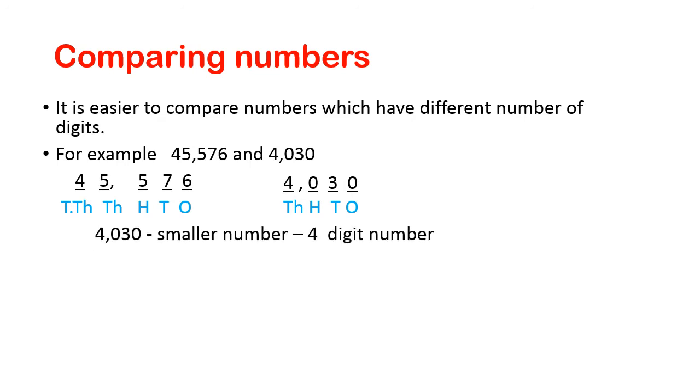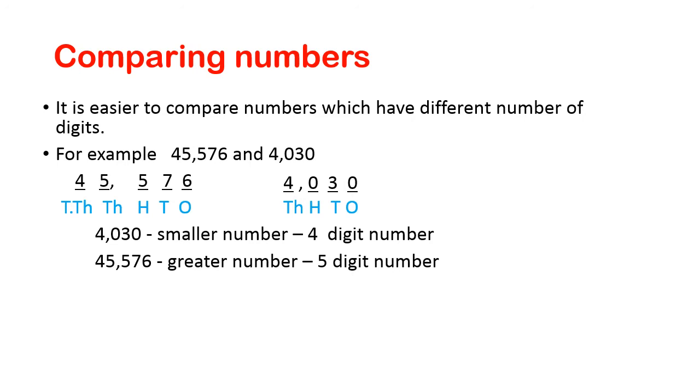So 4030 is the smaller number because it has 4 digits. The same way, 45,576 is the greater number because it has 5 digits. So whenever we compare two numbers which have different number of digits, it is easy to find out the smaller number or greater number.